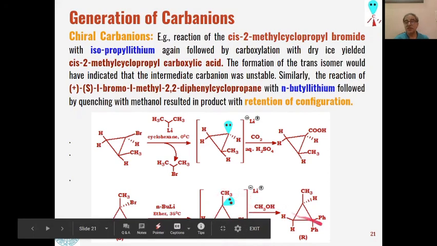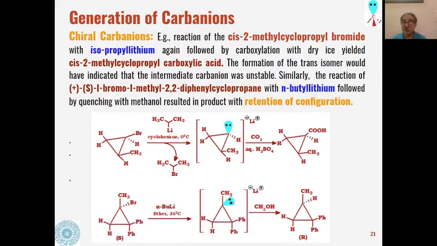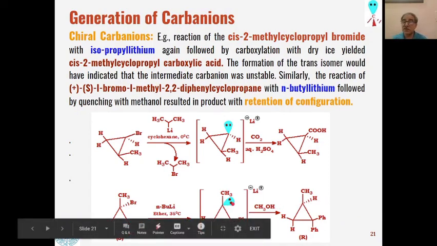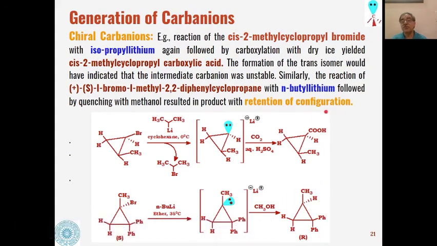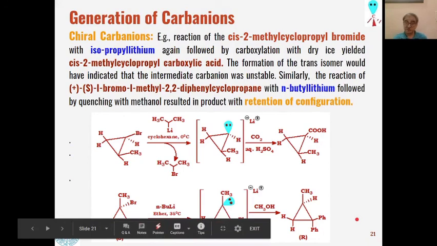On reaction with methyl alcohol, this carbanion will abstract a proton from here, and we will get this chiral product with retention of configuration. So this S will produce R product, but retention of configuration is taking place. This is S because here the priority was higher, and this is the fourth priority element, so that is why this is written as R.